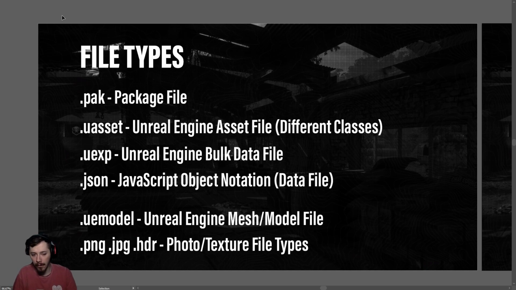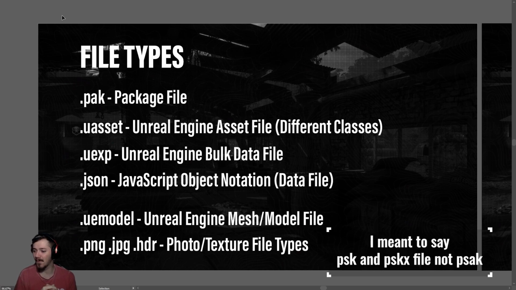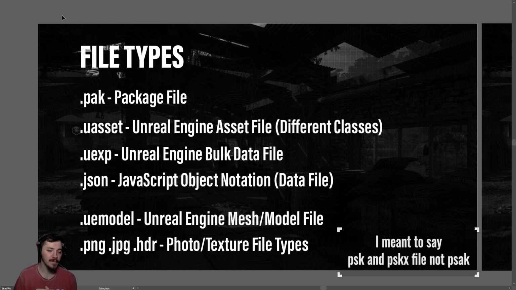A UE model, think of it like a mesh file. If you've ever seen a 3D model without any texturing, it's just white or gray, depending on how you're viewing it. For Unreal purposes, that is an Unreal Engine model. There are different file types. There's a setting we're going to change when we get to the texturing side; if you don't, you might see .psk or .psa files. That's an older model file, but I'll show you how we're going to use UE model.